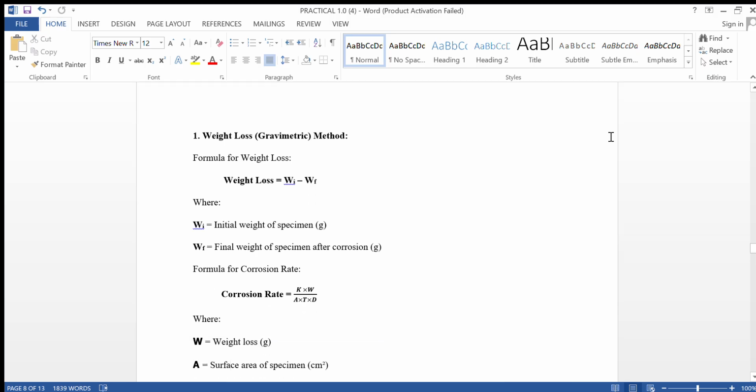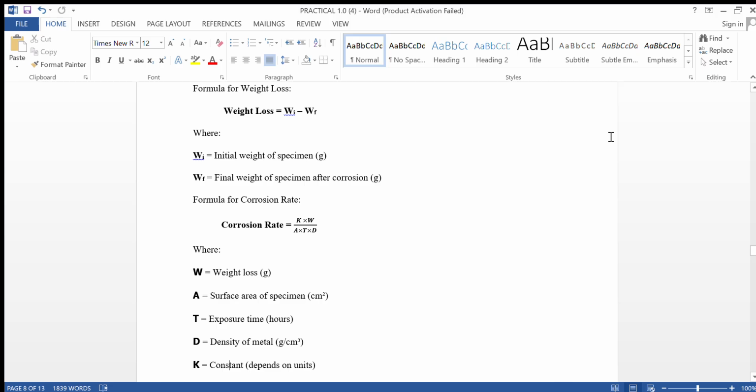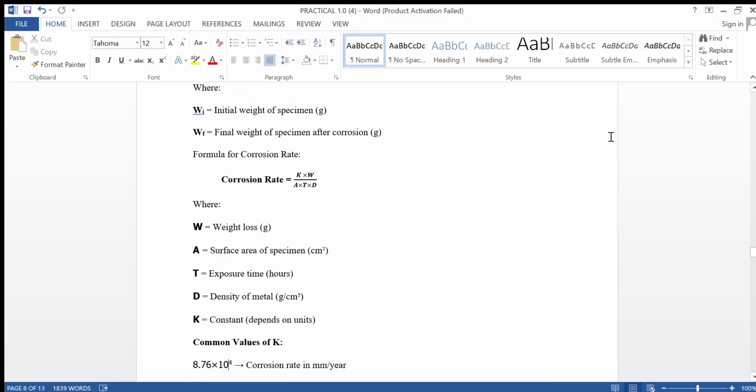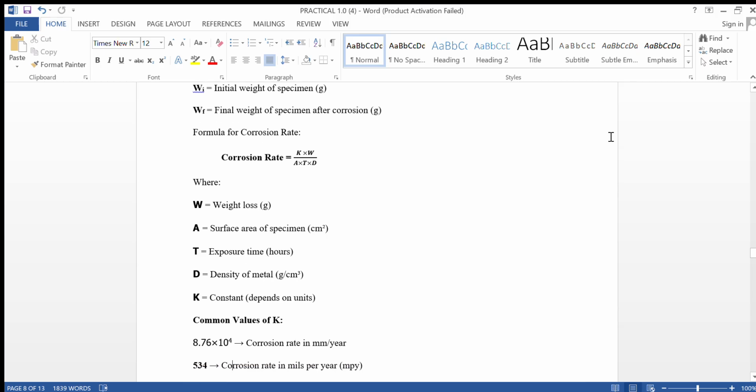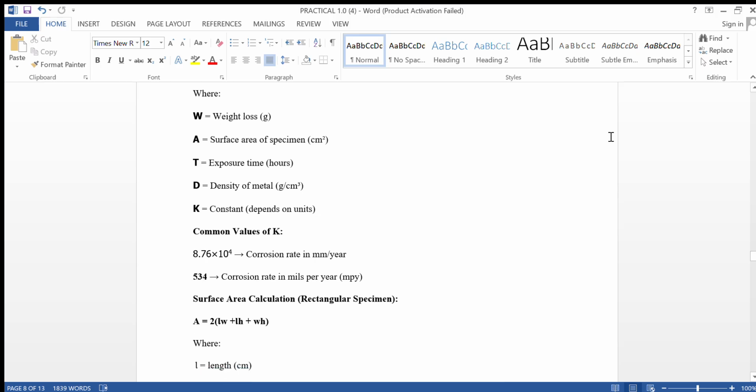The corrosion rate formula, which we also mentioned earlier: W is the weight loss, A is the surface area of the specimen, T is the exposure time, and D is the density in grams per centimeter cubed. K is a constant depending on units. Common values of K are 8.76 times 10 to the power 4 for corrosion rate in mm per year and 534 for corrosion rate in mils per year, mpy.